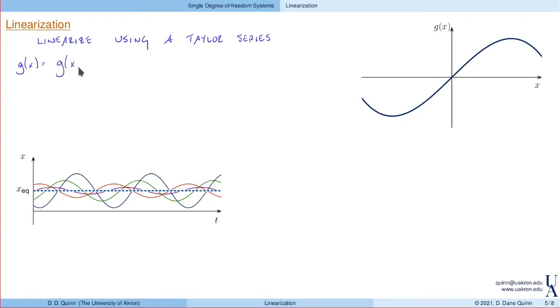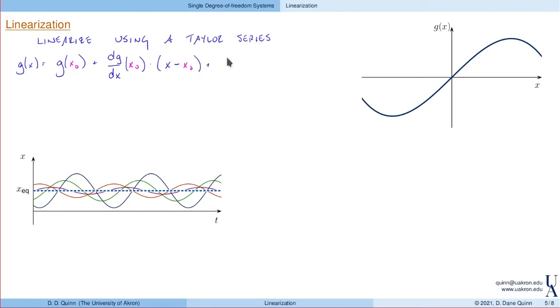Let's take that point as x0. So the Taylor series says that g of x is g evaluated at the point, plus now the derivative, dg dx, evaluated at that point, times x minus x0.